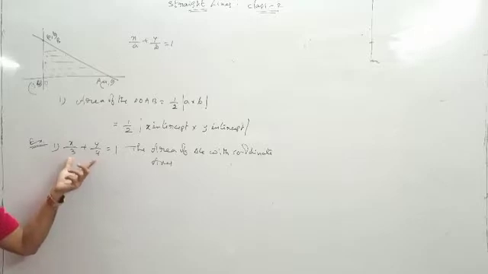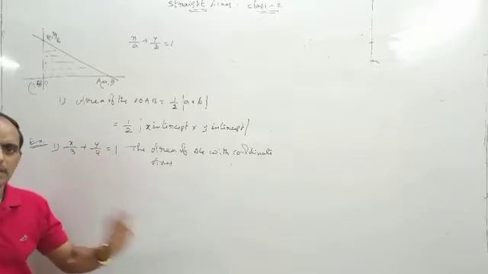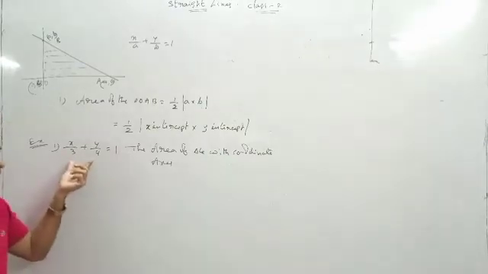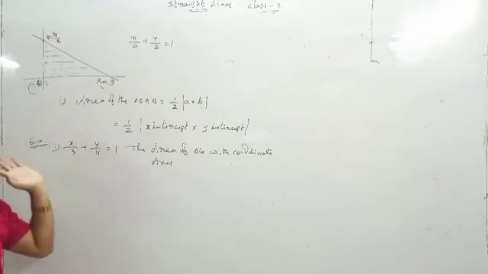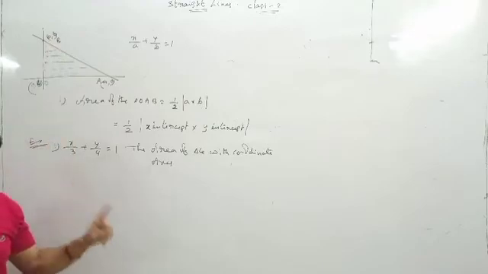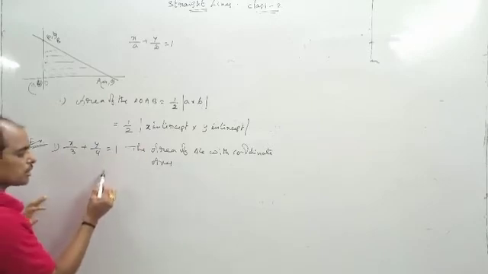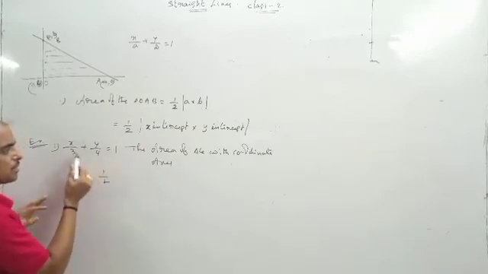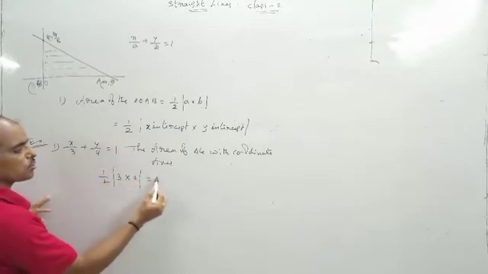This is a line which makes a triangle with the coordinate axes. For a triangle we need three lines: this is one line, and the other two lines are the x axis and the y axis. These three lines form a triangle. Then what is the area of the triangle? As I told you, it is half into x intercept into y intercept. What is the x intercept here? 3. The y intercept is 4. So the answer is 6.